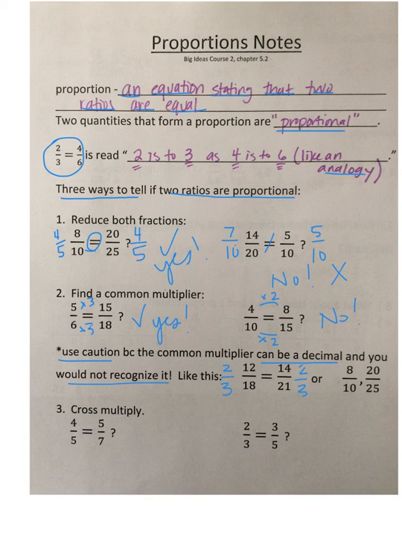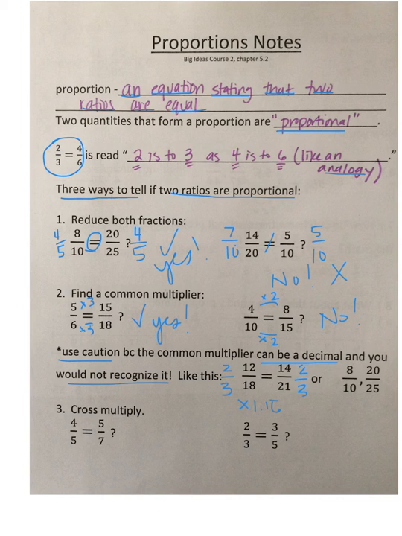So there, 14 divided by 12 would give us the common multiplier, which would be a decimal. It's 1.16 repeating, so it's something crazy. 21 divided by 18, I'm doing it on my calculator, has the same common multiplier, but you would not necessarily recognize it.